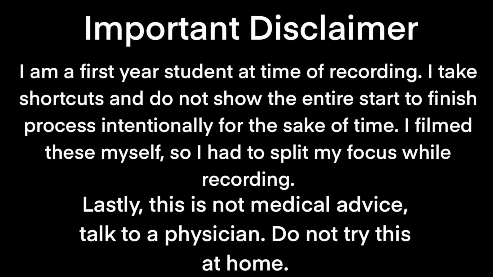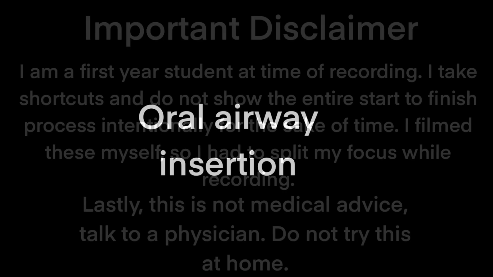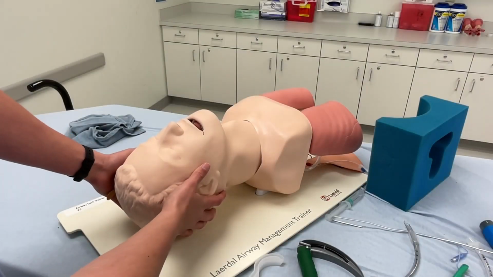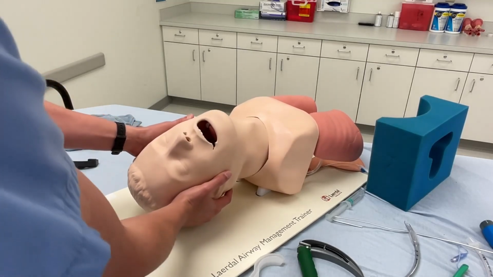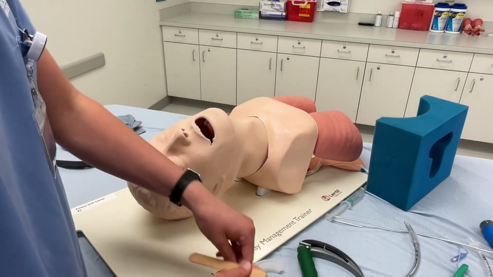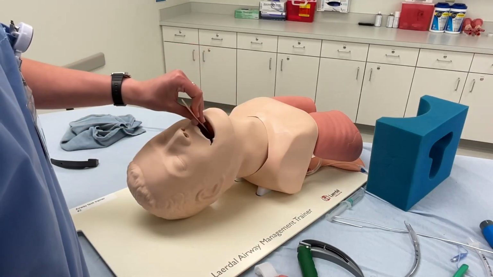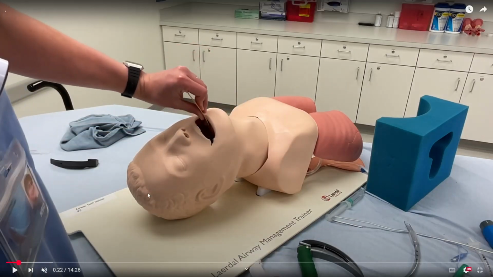So to start out with, our first thing is going to be the oral airway insertion. Now, just for demonstration purposes, I'm going to be turning the mannequin head towards the camera. Now, these mannequins don't have tongues.